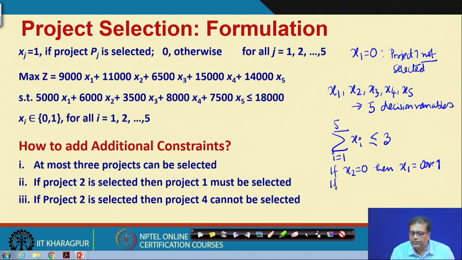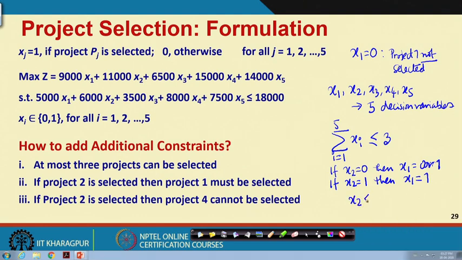But if x2 equal to 1, then x1 should be 1. That means x2 should be less than or equal to x1. That is the solution to the second problem. This is the solution to the first problem.